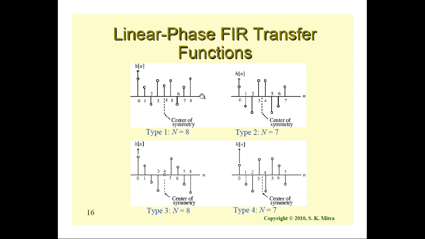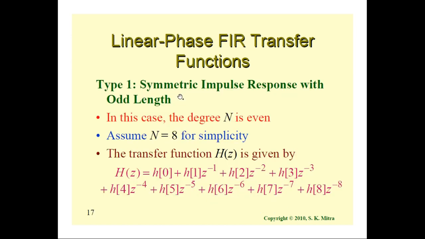It is not always necessary that the response represents a causal filter. The filter can be acausal as well. However, in that case, the center of symmetry shifts from n equal to N by 2 to n equal to 0. Now we will discuss all these 4 types of transfer functions one by one.